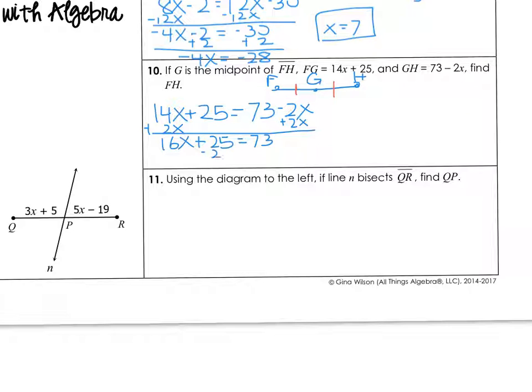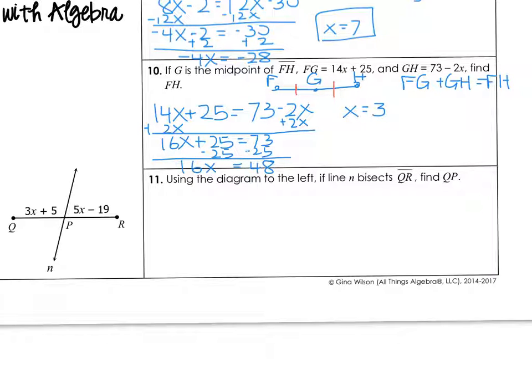And subtract 25. And I get 48. Divide by 16, and I get x equals 3. But this time it wants me to find FH. So I know FG plus GH equals FH.